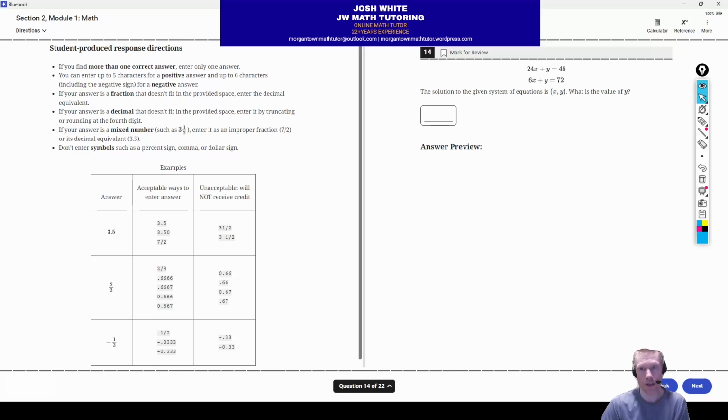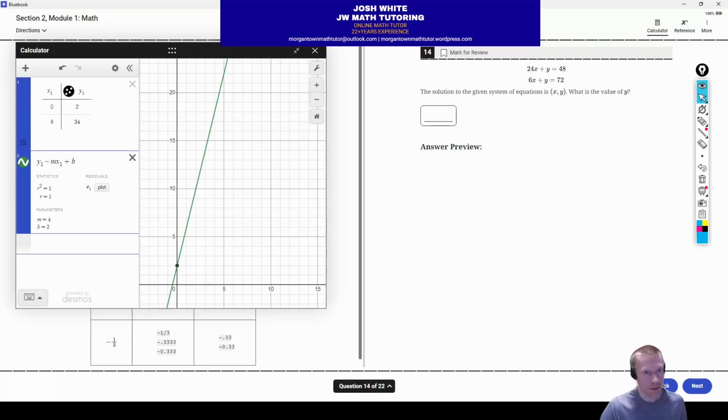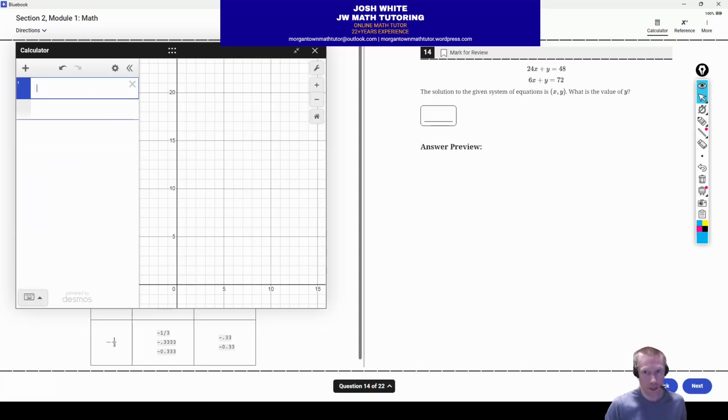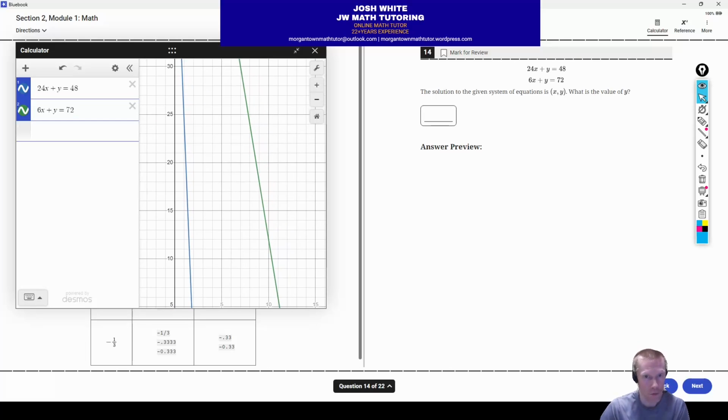All right, here we have another system of linear equations. So the easiest way to do this, just go back to Desmos, punch in both the equations, look for the intersection point. Yeah, there is one because they ask us to find it. Okay, they want to know the value of y.